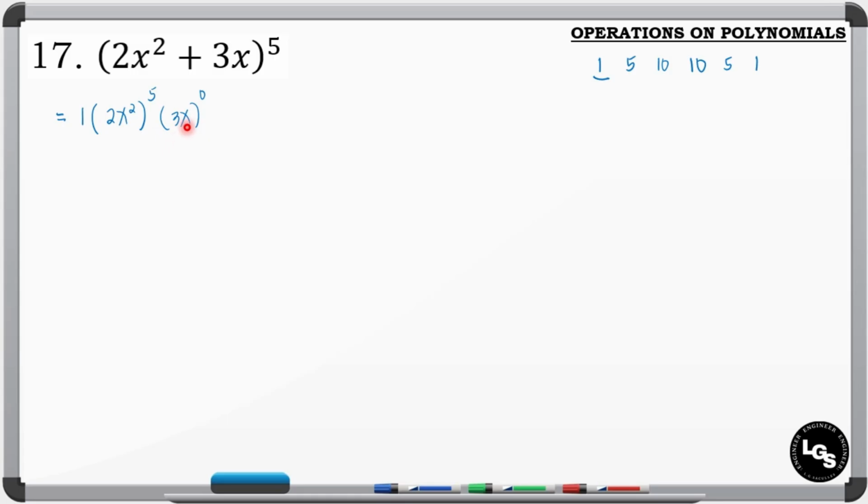And remember that any number or variable raised to 0 is always equal to 1. So we can write this as 1, or if you know the concept, we can skip writing this.